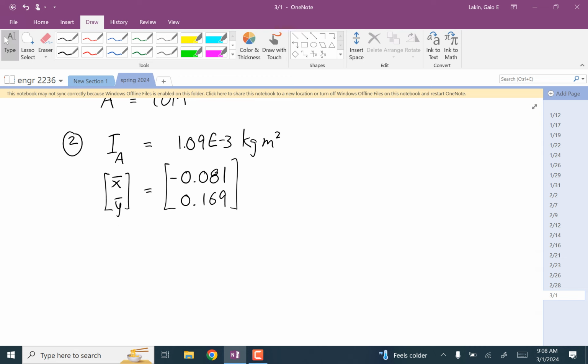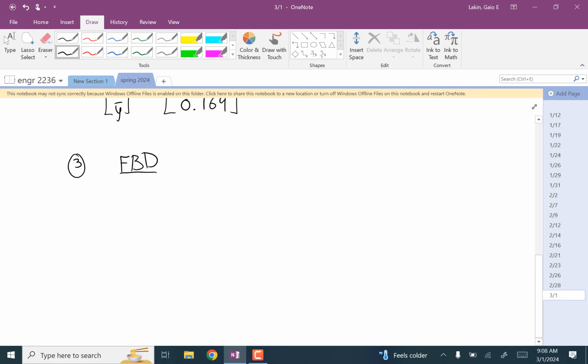And now we're going to fill out, well, first we'll do the free body diagram. We know that there's an 800 Newton force here. And the center of mass is somewhere like that.